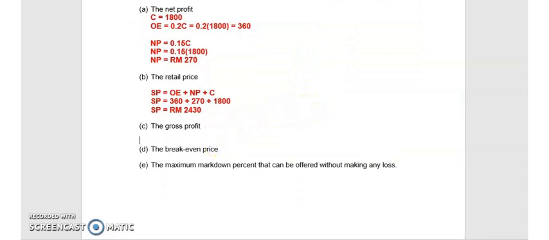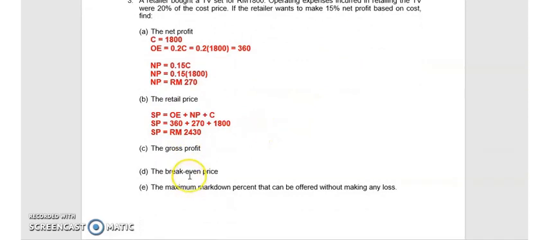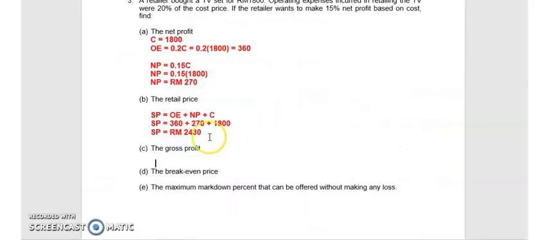Okay, C, find the gross profit. Remember, gross profit is also equivalent to markup. If you don't have the value of markup here, you can use the profit formula. So what is the formula for gross profit? Gross profit equals OE plus NP.